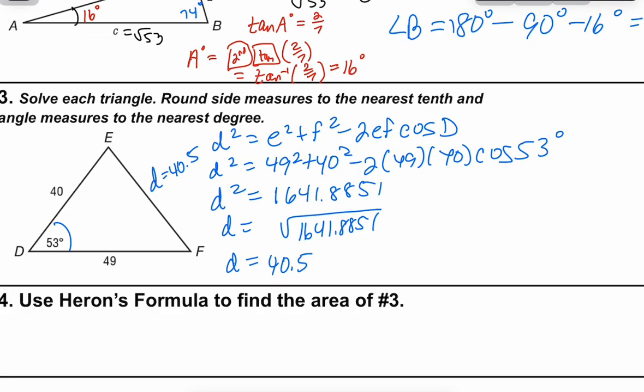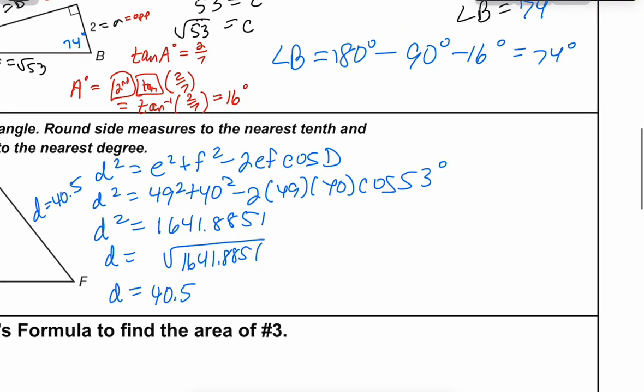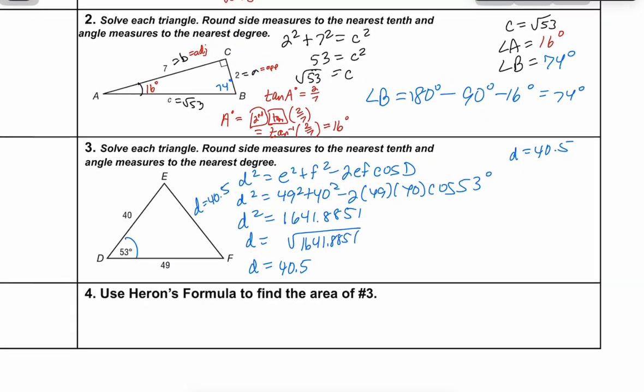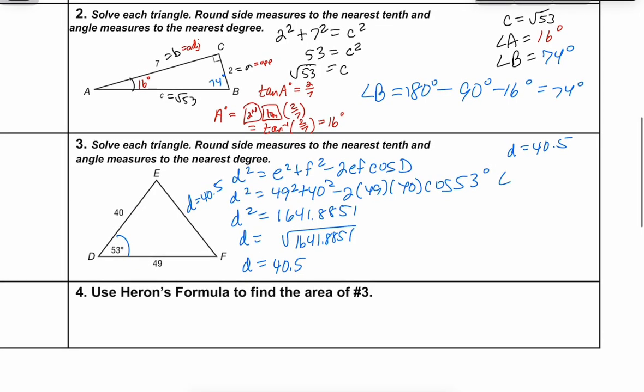Okay, so now we have side D. We still need to find angle E and angle F. Since we have a sense that angle F should be close to 53, probably a little bit smaller, 52, 51, let's go with angle F next. Once you use the law of cosines, you never have to use it again.